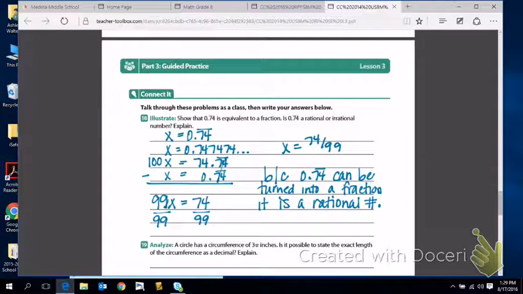In number 19, we're asked to analyze. It says a circle has a circumference of 3 pi inches. Is it possible to state the exact length of the circumference as a decimal and explain? The answer here is no, because pi is irrational.